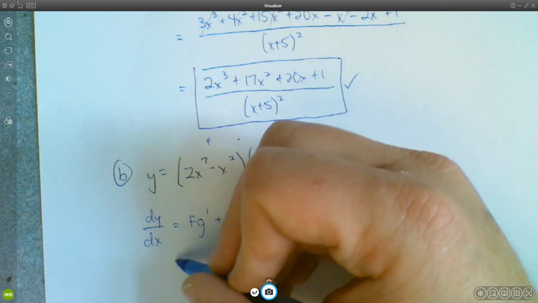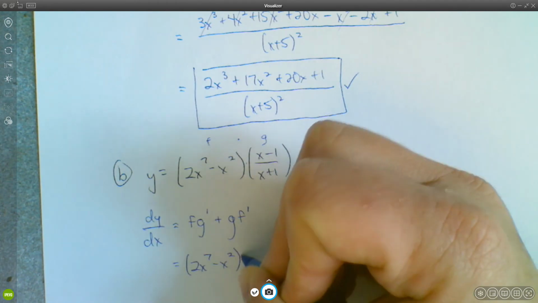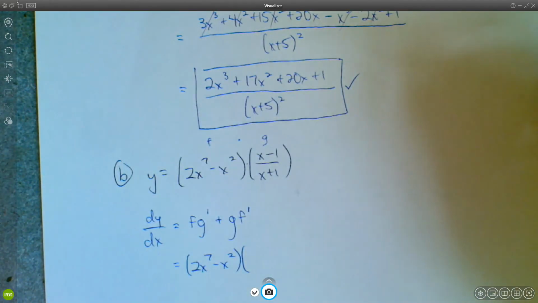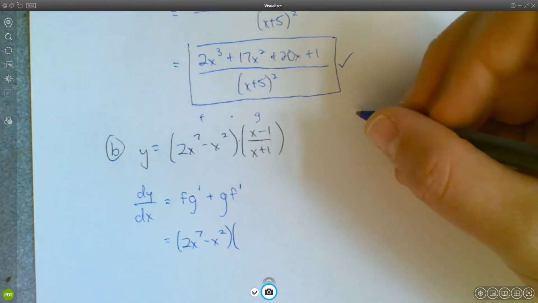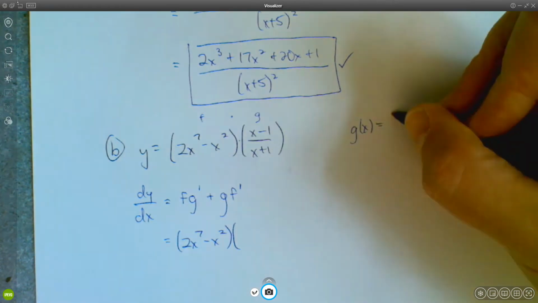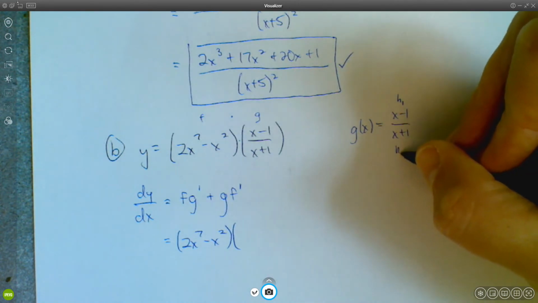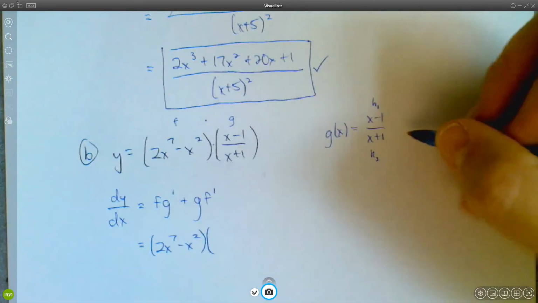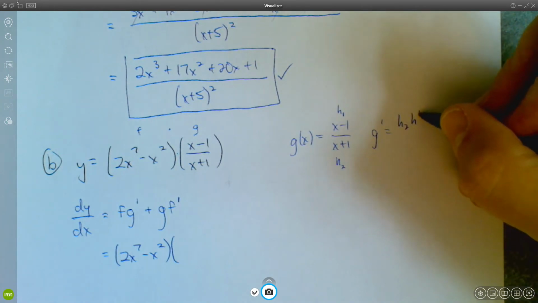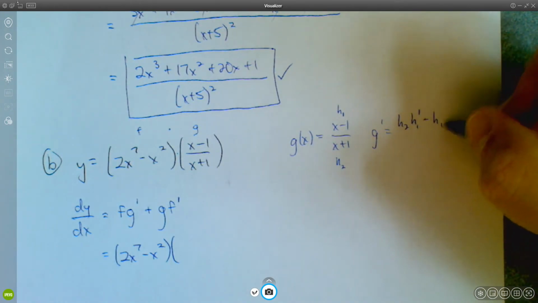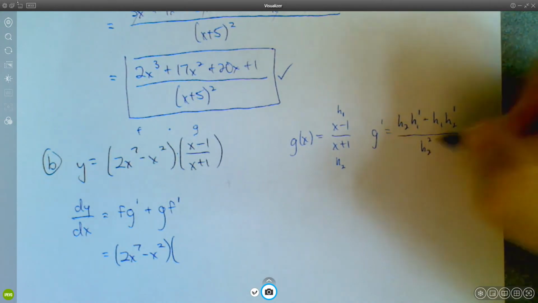So let's see what we've got. F times g prime. So g prime is going to take a little bit of scratch work, I think. So if g of x is x minus 1 over x plus 1, I could think of this as h1 and h2. For g prime, I'm going to do low d high minus high d low over low squared.